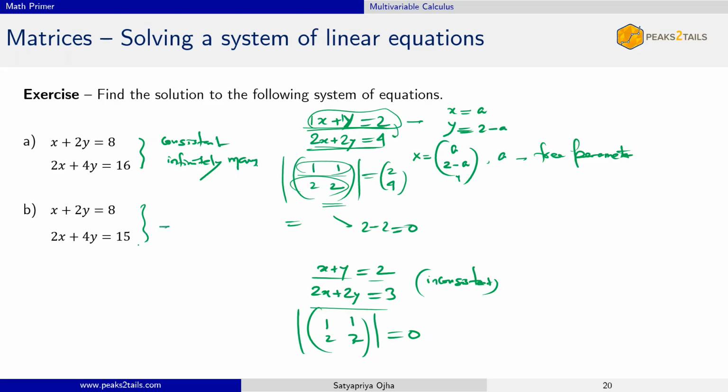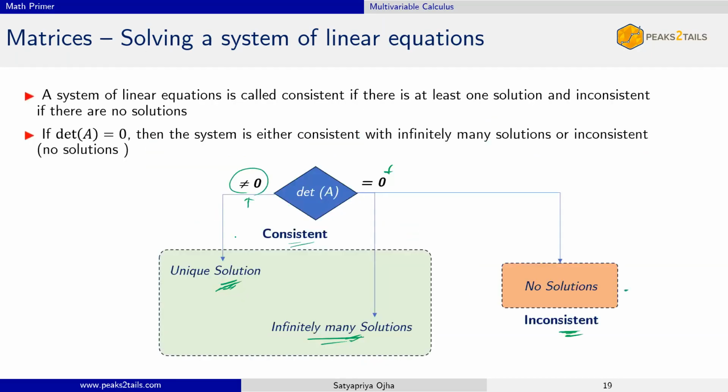Second one. It's easy. Let me write inconsistent. No solution. Is this clear, guys? And remember this flow chart, okay? Important.